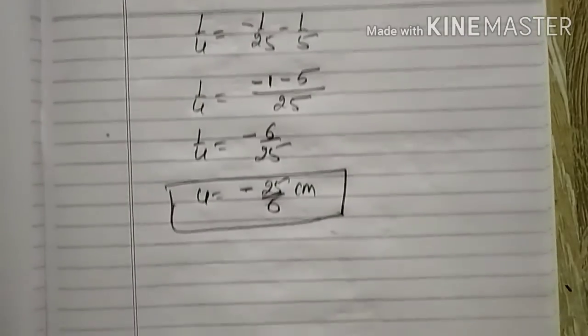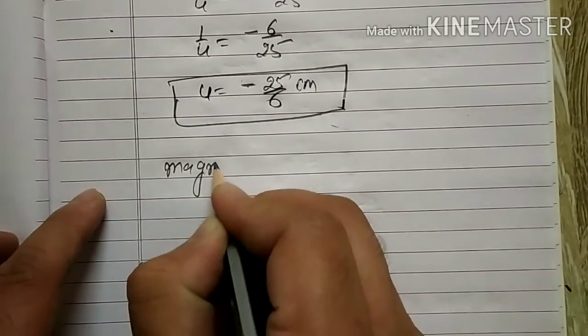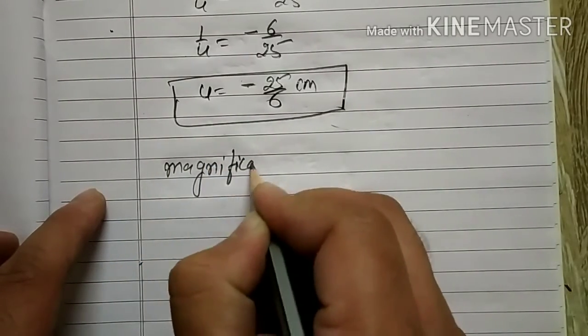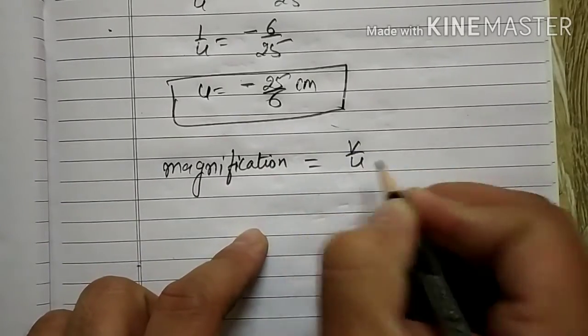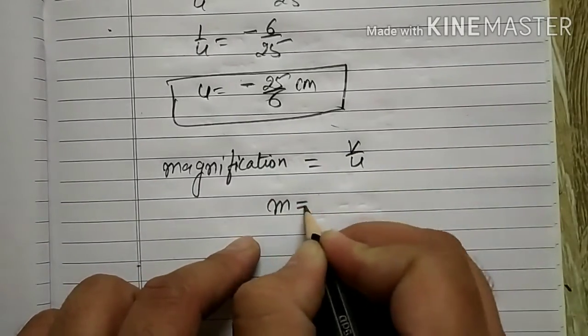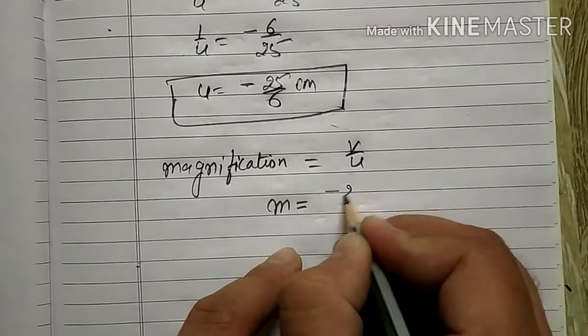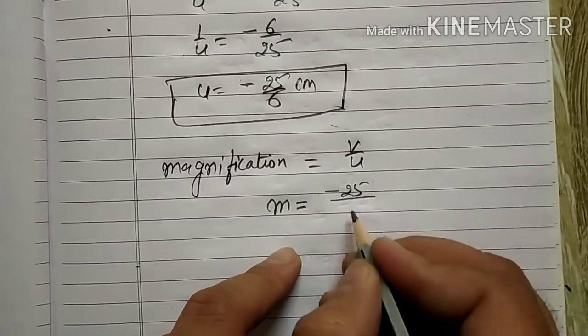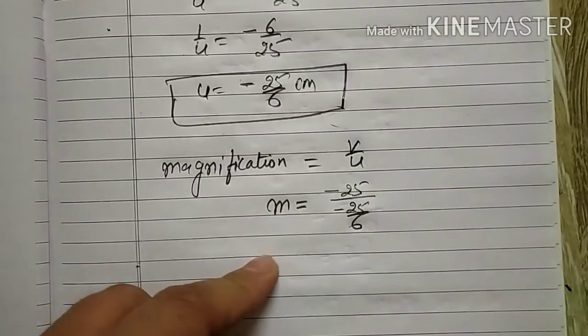Now magnification. Magnification can be found with the help of v upon u. So m equals, the value of v is already minus 25, and the value of u is minus 25 by 6.